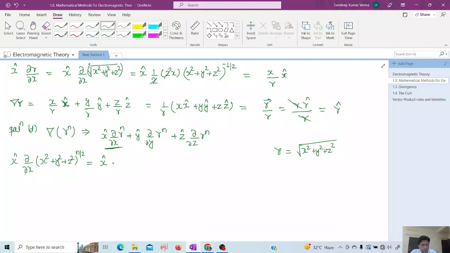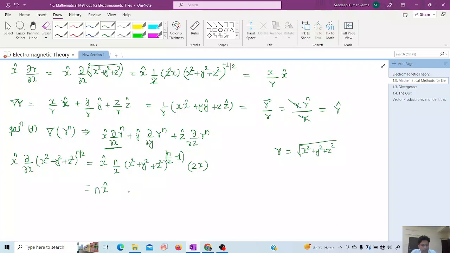Here x cap, and we can take n by 2 outside, and this will be (x square plus y square plus z square) power n by 2 minus 1 into 2x.